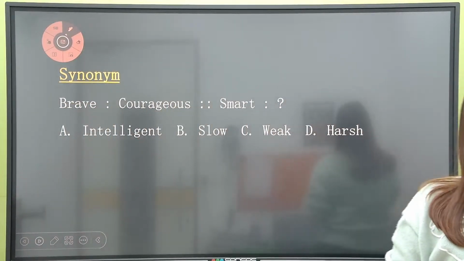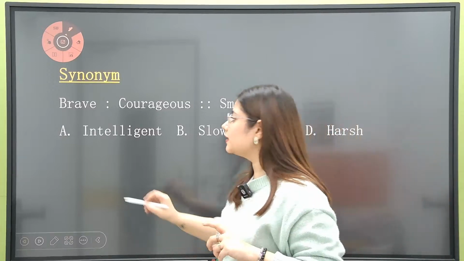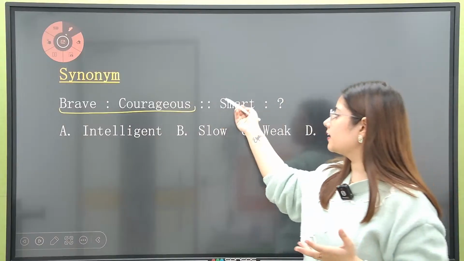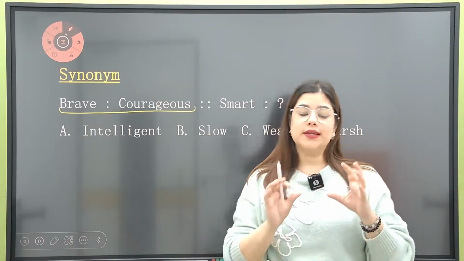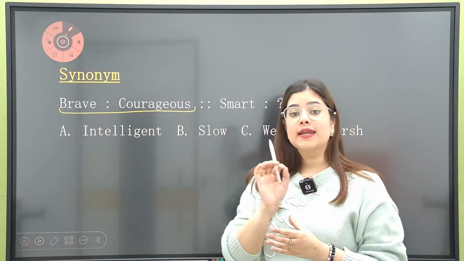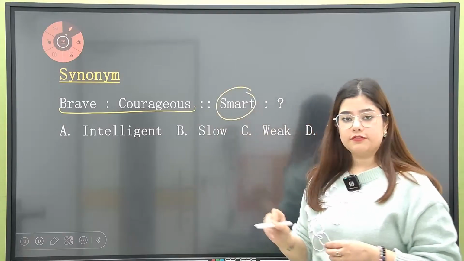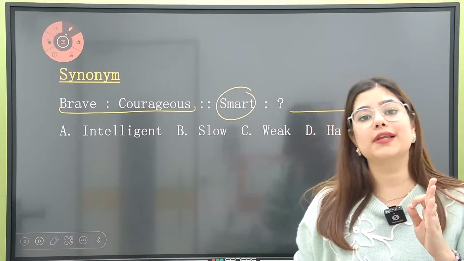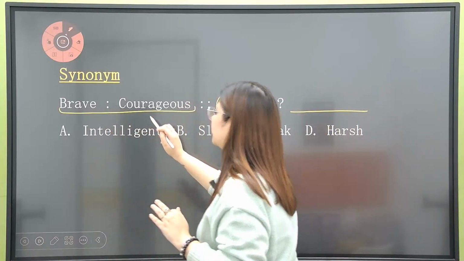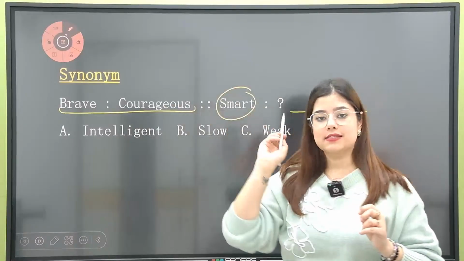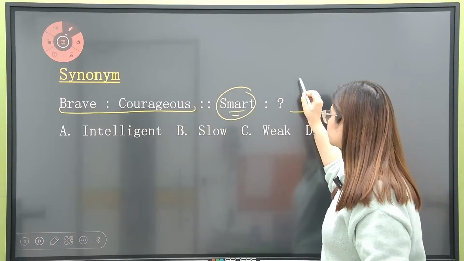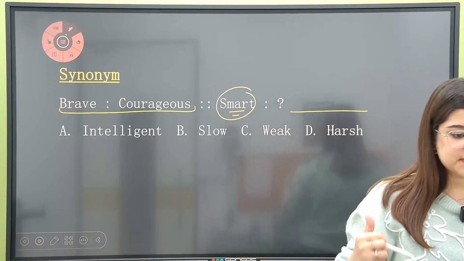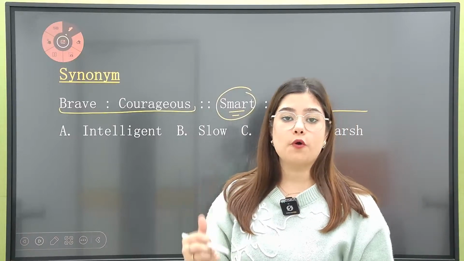The first thing that I need to do here is analyze the relationship between brave and courageous. Obviously, brave and courageous, they are synonyms. So the relationship is synonymous. Now, smart is given. The word that I will choose should have the same relationship that brave and courageous share. Brave and courageous are synonyms, so I need to choose a synonym for smart as well. Out of the given options, I need to choose a synonym for smart.